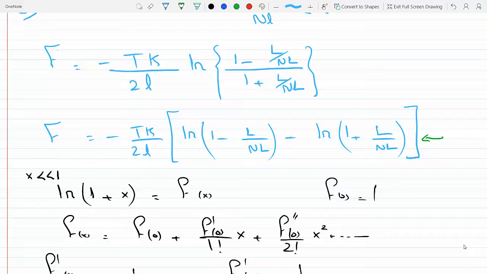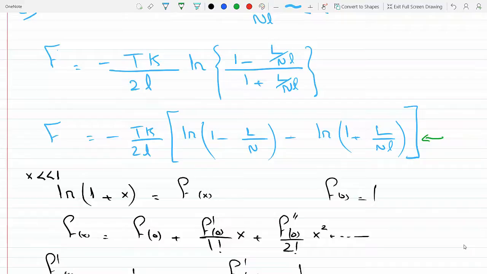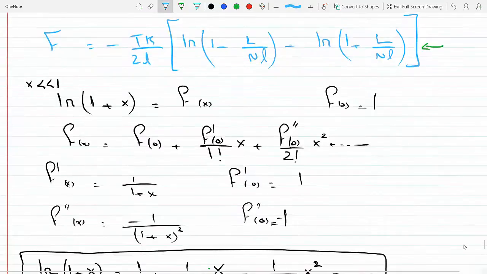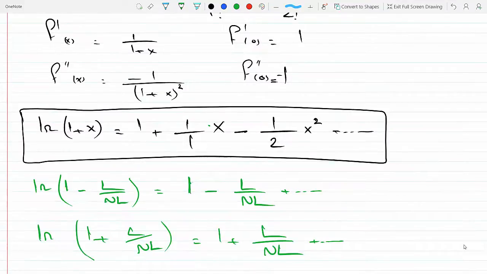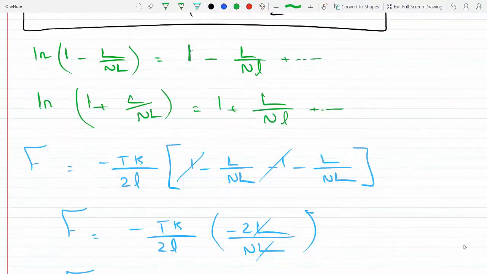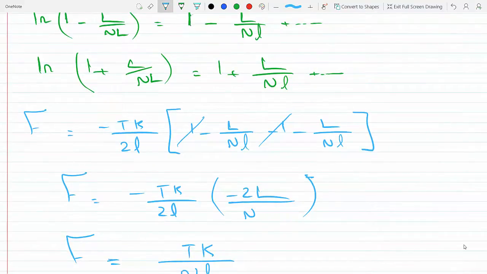Oh, I know where I messed up. I apologize about that. This is small l here. I'm just going to change this to small l, but everything else remains valid. Otherwise the L would cancel out, and it wouldn't make any sense. So these two don't cancel.